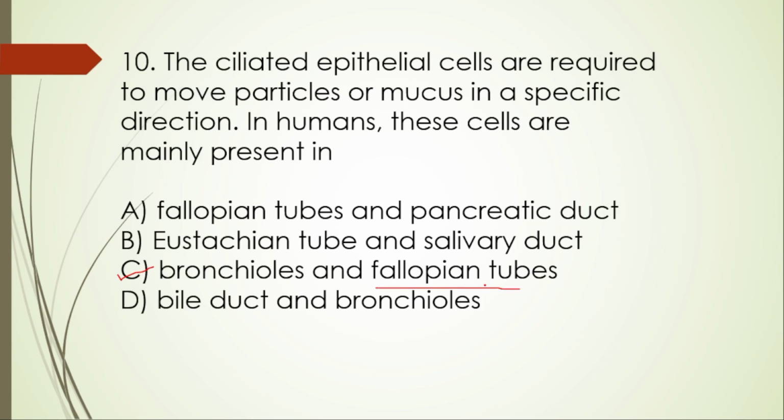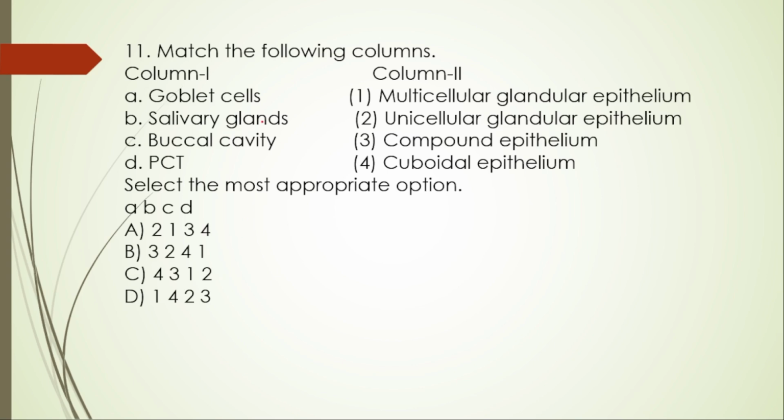Just now I said how the fallopian tube has ciliated epithelium. Among those, they are present in the bronchi also. So next, match column 1 with column 2. Here the first one, that is A, goblet cells. Goblet cell is unicellular glandular epithelium. And salivary gland is multicellular, having multicellular glandular epithelium.